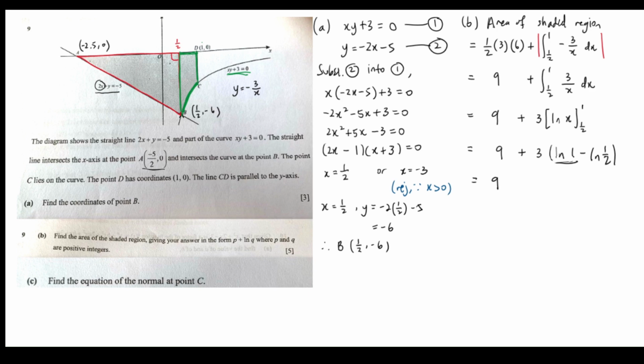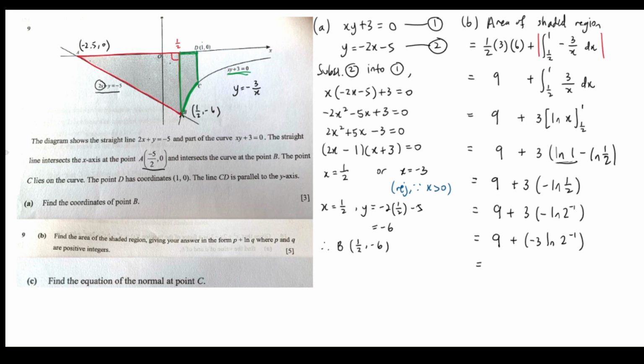Now before I multiply, I actually know that negative ln half is going to be multiplied by 3. So 3 negative ln 2 power negative 1. So I know that over here, it will give me negative 3 ln 2 power negative 1. Now notice that the form that they want me to change to has a coefficient 1 for the ln term.